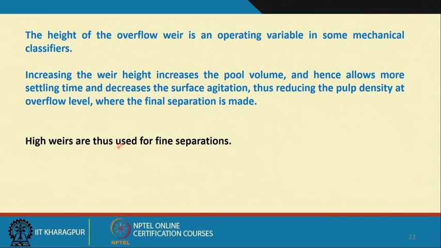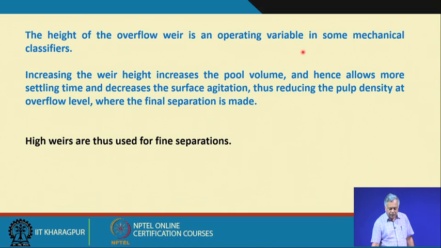The height of the overflow weir is an operating variable in some mechanical classifiers. If I need separation at much finer sizes, I have to increase the height; and if I can accept a little bit of coarser material in the overflow, then I can reduce the height. So, more height means lesser capacity, and smaller height means more capacity, but at the expense of quality.